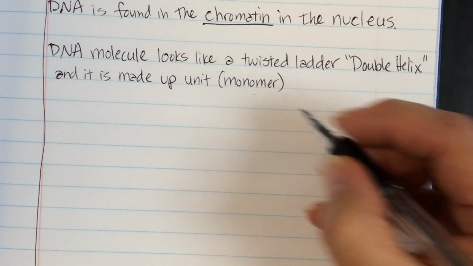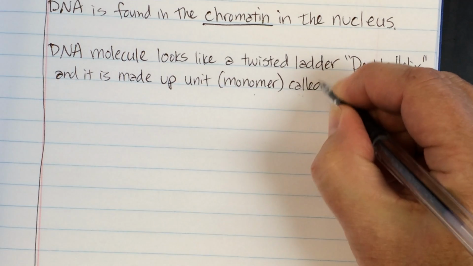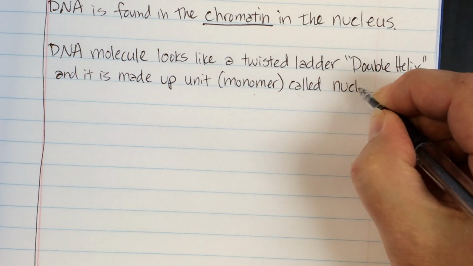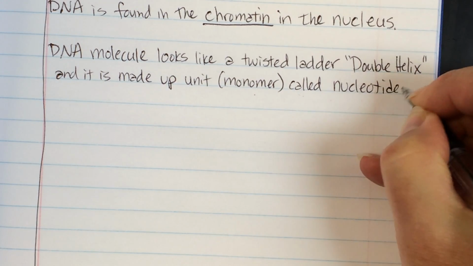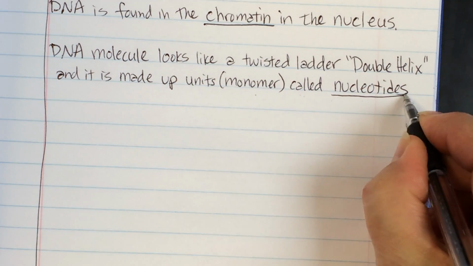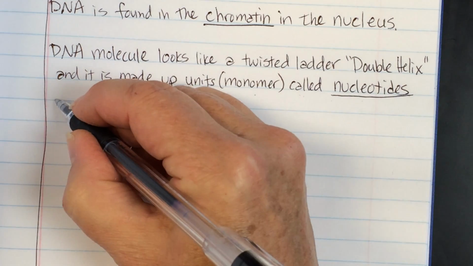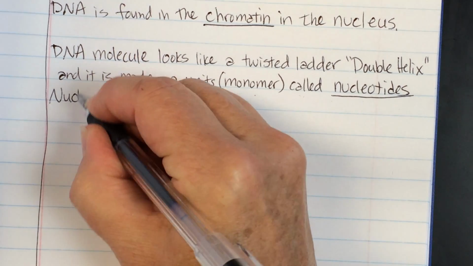If you remember, we called it a nucleotide. I'm going to say units called nucleotides. So this is a review, and the next thing I'm going to do is show you what is a nucleotide, okay? So what is a nucleotide?